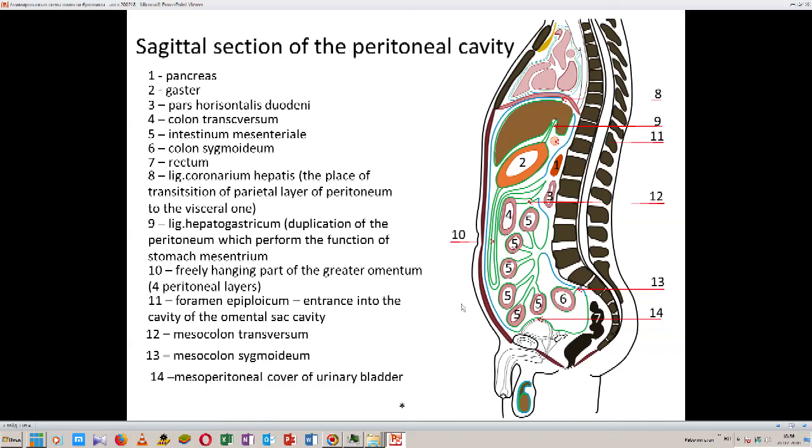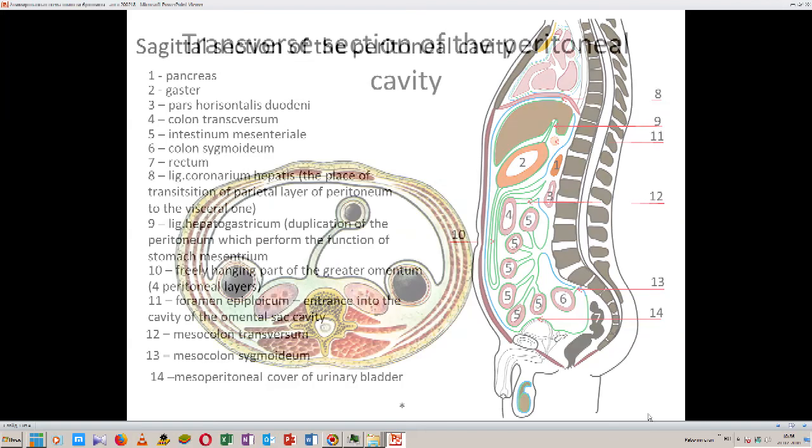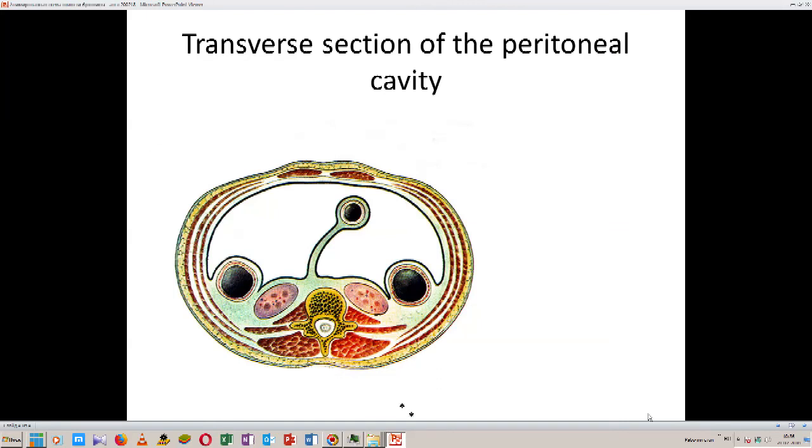And when we understand all details in this picture, let us look at another picture. What is it? It's a transverse section of the peritoneal cavity. And now we can understand that again there is a parietal part and there is a visceral part of the peritoneum.